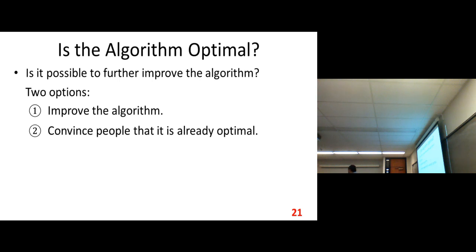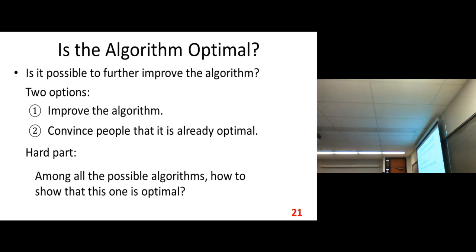Here, we will do that. Using this example, we will do that. The answer, this algorithm is optimal. But we need to convince people it is optimal. That's the hardest part. Let's see how to do it.